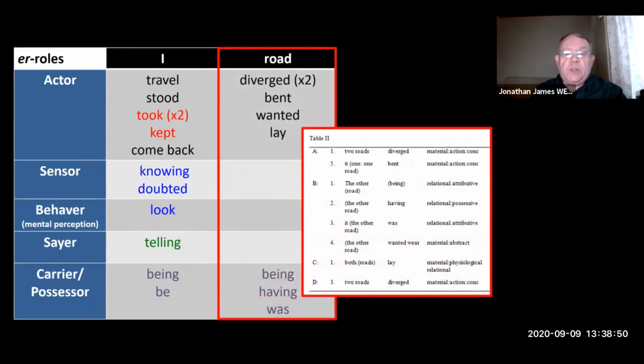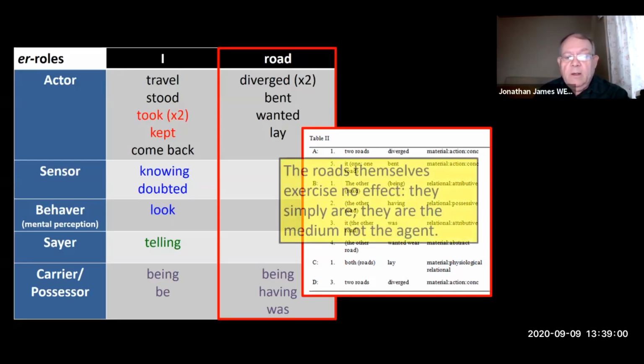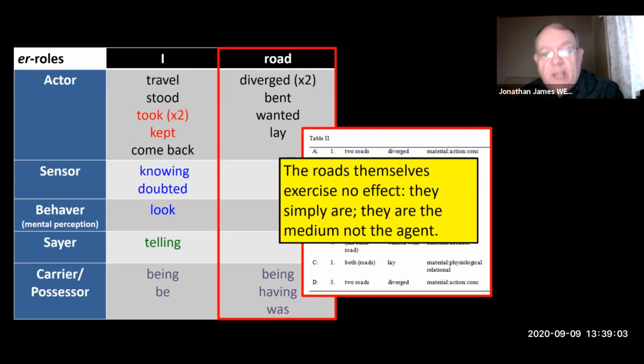The other participant is the road. The road diverged, bent, wanted, lay, and some relational processes. The roads themselves have no effect. They simply are. They are the medium. In other words, they're a participant in a single participant process, but they are not an agent that carries out some action to something else.